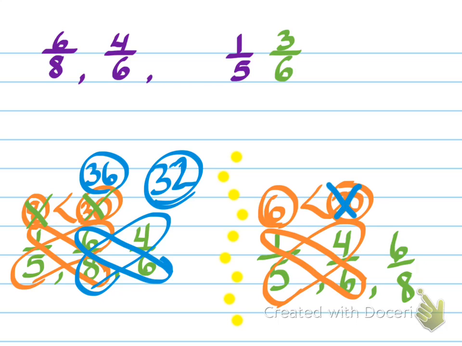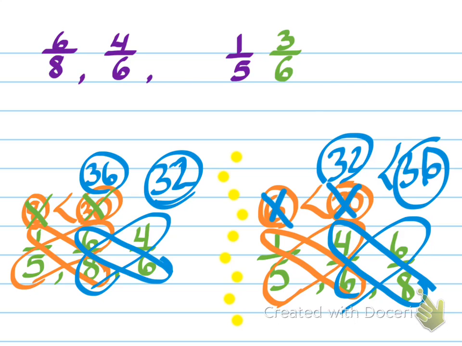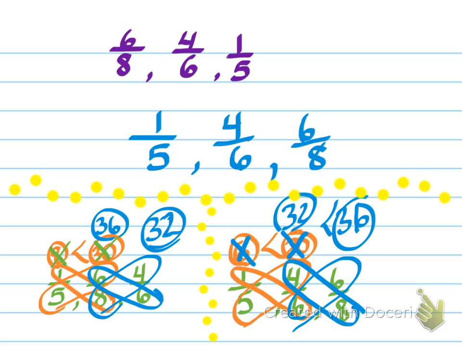We cross it off because we used it, and then we cross multiply. 8 times 4 is 32, and 6 times 6 is 36. Yay! It worked out. So we have, in order from least to greatest, 1/5, 4/6, and 6/8.